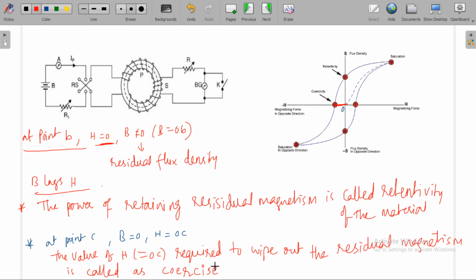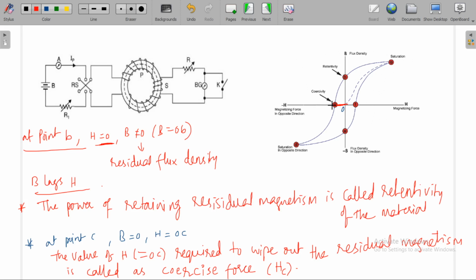That is, HC is coercive force. So now with the increase in current in reverse direction, it reaches negative B maximum. Again if you increase current in forward direction, again it will be increasing like this. It follows the path D, E, F, A.